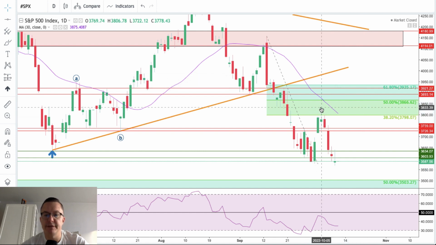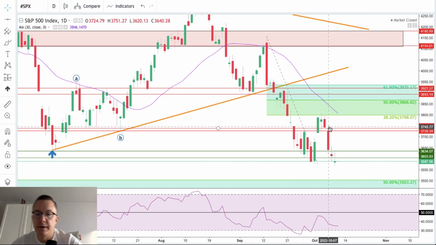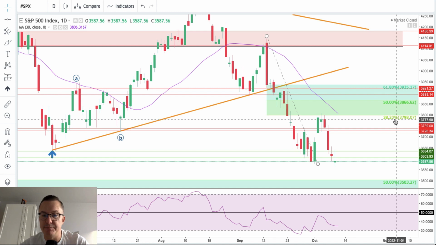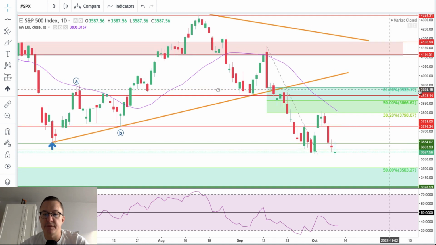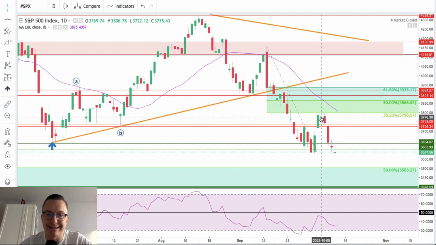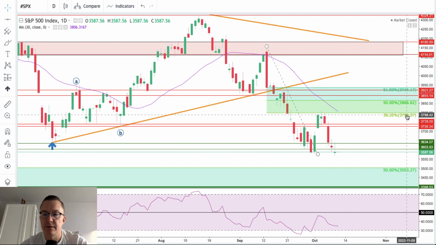The ABC correction didn't happen. We retraced only 38%, which is another very negative indication for bulls, because this is a very shallow retracement. 3,798. The high was 3,806 points. So right now we don't need it anymore.